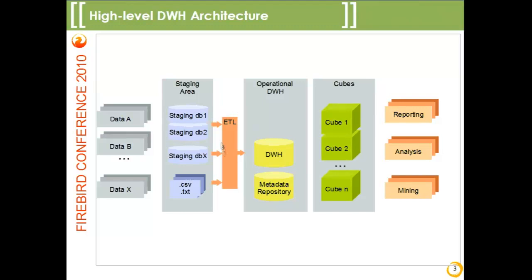Then we have the ETL process, extract, transform, load, which, as Thomas showed already, transforms the data into the data warehouse. The commercial tools also have an additional part that runs in their so-called metadata repository, where the metadata, the description of the different jobs, is stored.